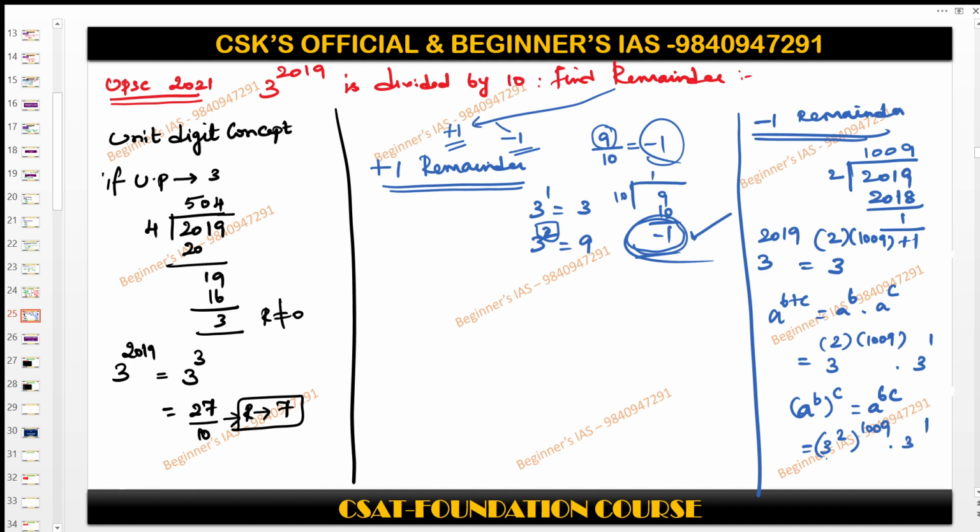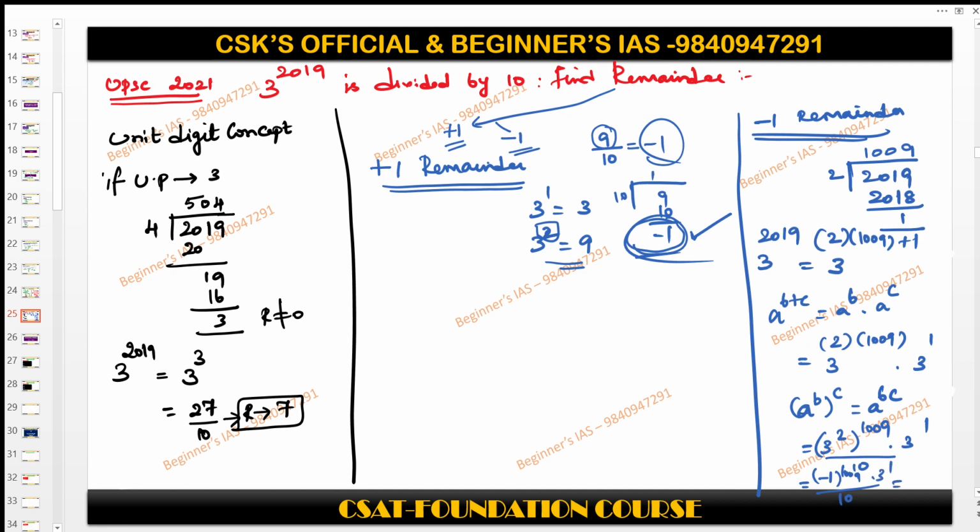Now divide this by 10. This 3 power 2 gives you minus 1 as the remainder. That only we have found. So minus 1 the whole power 1009, and here 3 power 1, divided by 10.